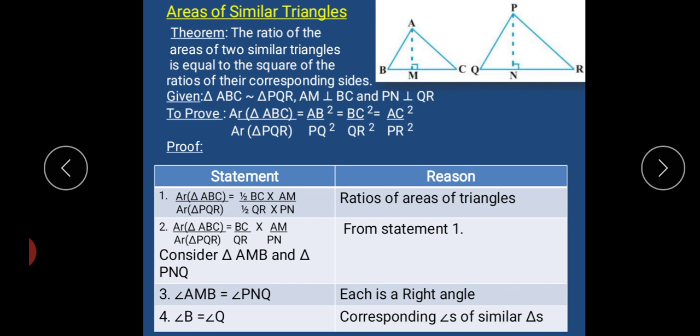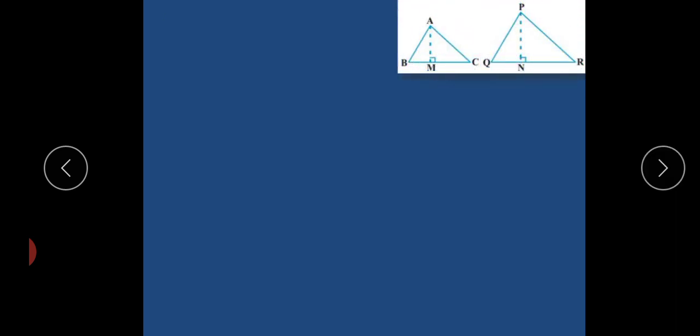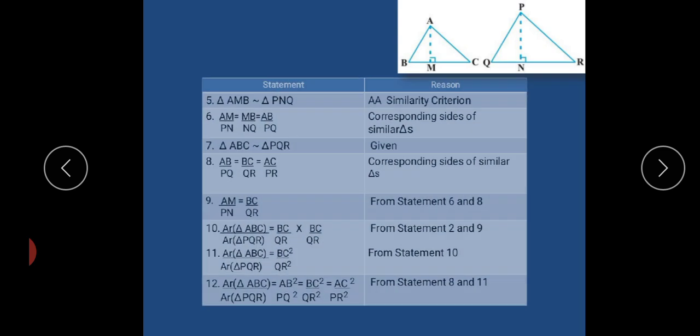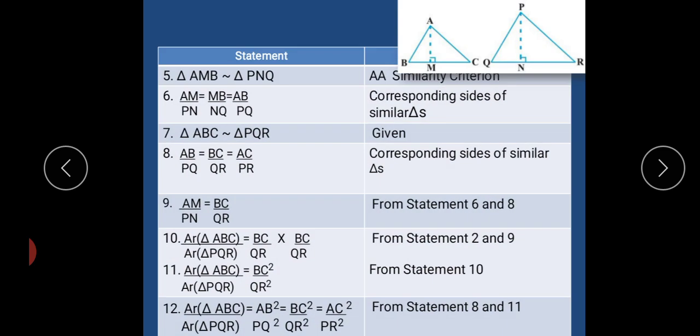Therefore, they are equal, corresponding angles of similar triangles. So with the help of these two, that is statement 3 and statement 4, what we can prove is triangle AMB is similar to triangle PNQ, by the AA similarity criterion.